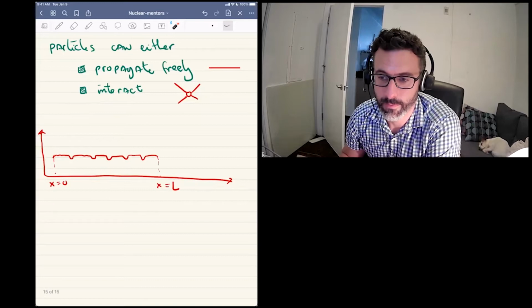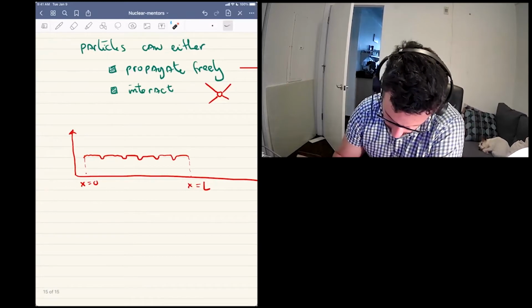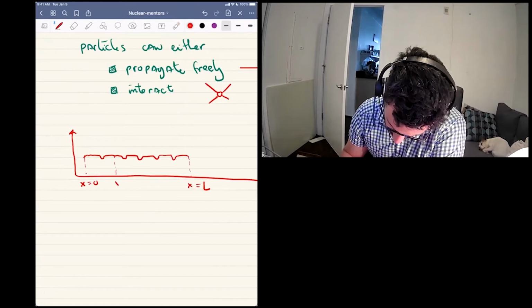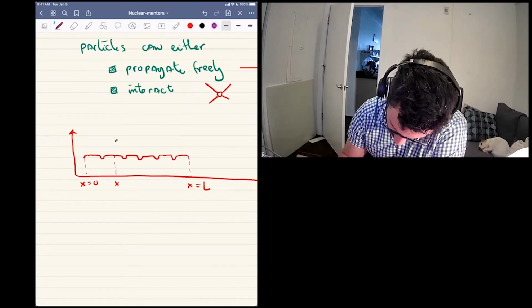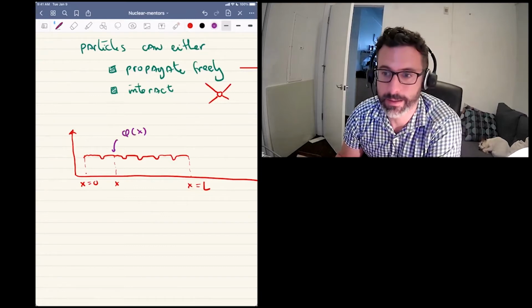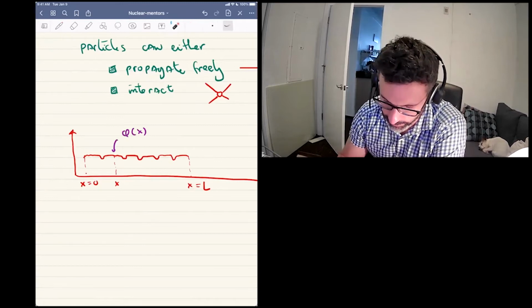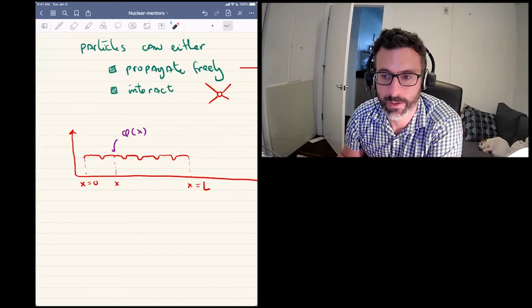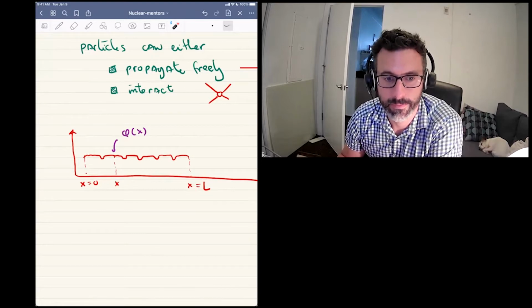For some arbitrary location x, this is my value of the height at x, then the field is nothing more than the function that gives me back the value of my height at that position.